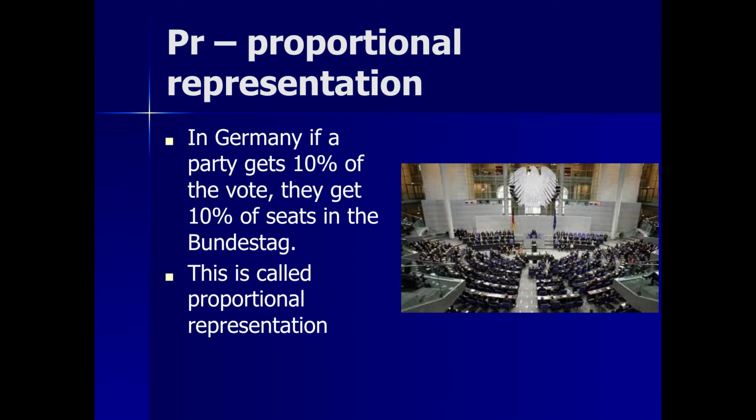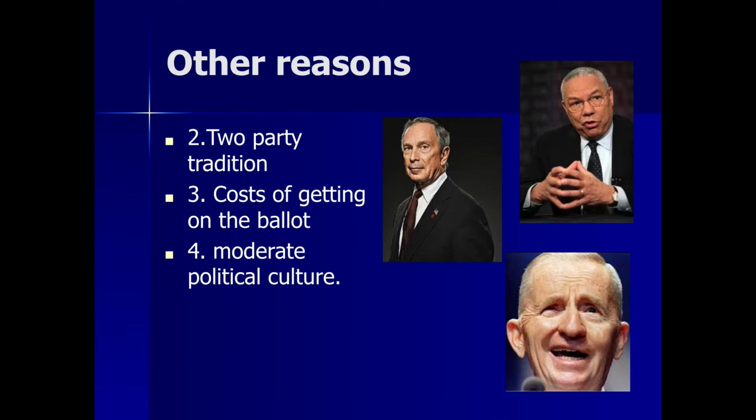All right. In European countries, they've got proportional representation. So if you get 10% of the vote, that 10% is not wasted. You get 10% of the power. All right, other reasons. We've got a two-party tradition. We've had that ever since the Federalists and Democratic Republicans. It costs a lot of money to get a third party on the ballot, and we tend to not be very ideological traditionally in the United States.